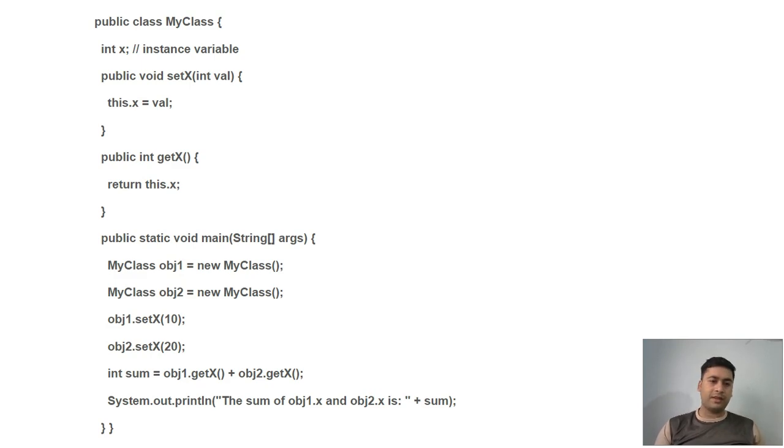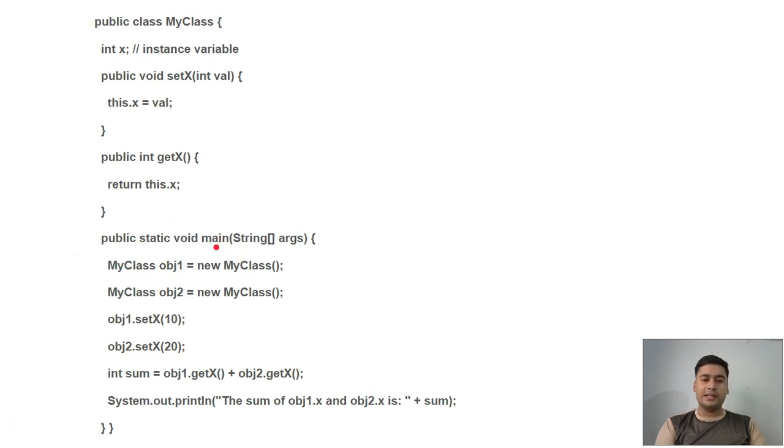That's it. But for a non-static method, you have to create an object of that class, and only then can you call that method. So here we have created two non-static methods and one non-static variable, which is an instance variable.